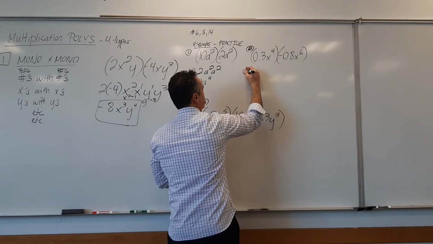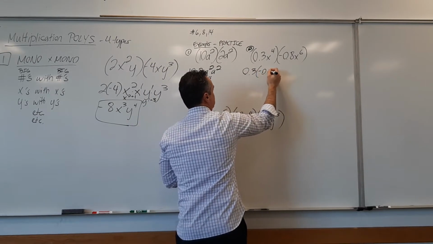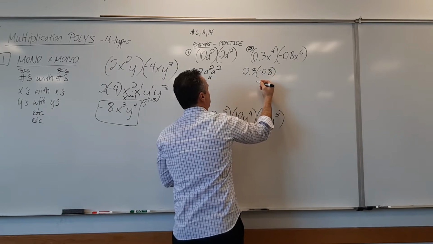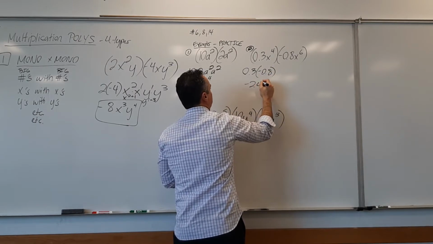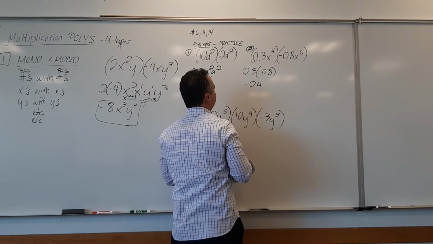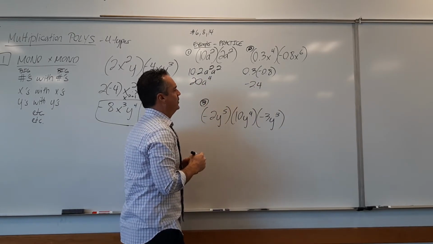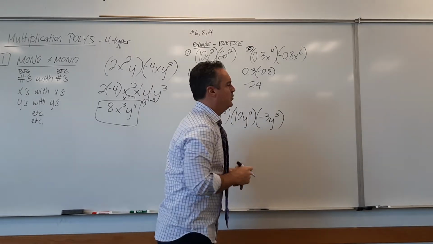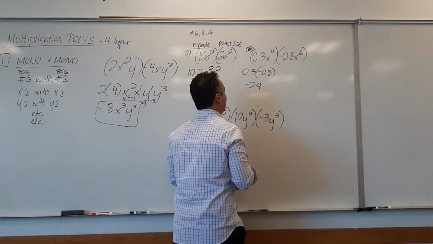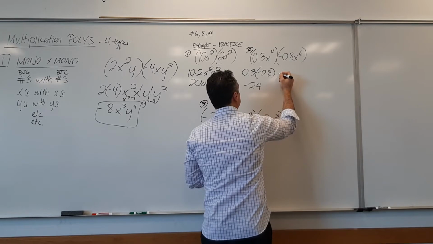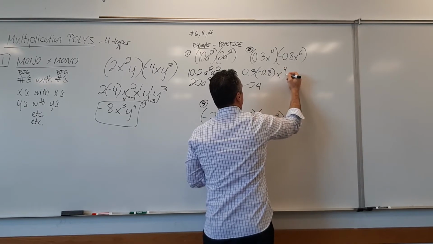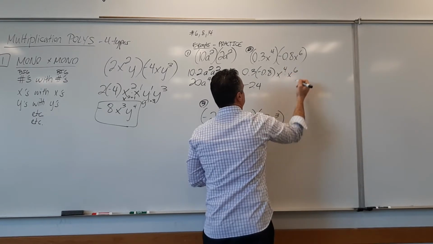Okay, again, numbers with numbers, 0.3 times negative 0.8. You put that in a calculator, you're going to get negative 2.4. Okay? Actually, are you? I don't know. You might have to check that for me, Alex, real quick. It might be negative 0.24. I'm kind of tired of a long day here. And x's with x's, x to the 4th times x to the 6th.